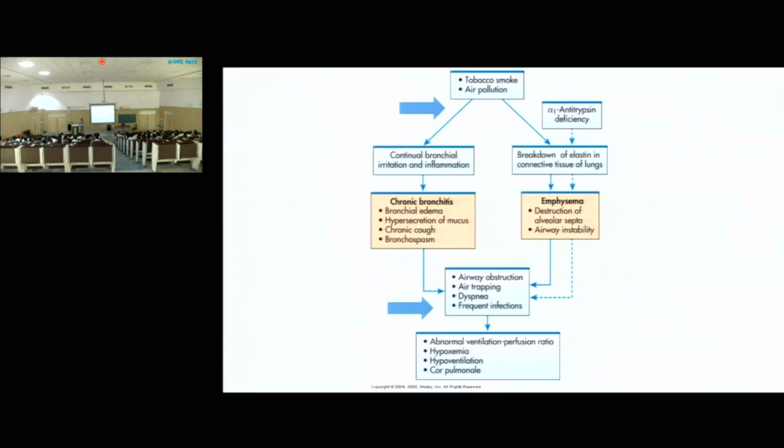That leads to chronic bronchitis, with hypersecretion of the mucous glands, chronic cough, bronchospasm, bronchial edema, and destruction of the alveolar spaces. That ultimately leads to airway obstruction, air trapping, dyspnea, and frequent secondary infection in these patients. And ultimately it leads to abnormal ventilation perfusion ratio, hypoxemia, hypoventilation, and cor pulmonale.